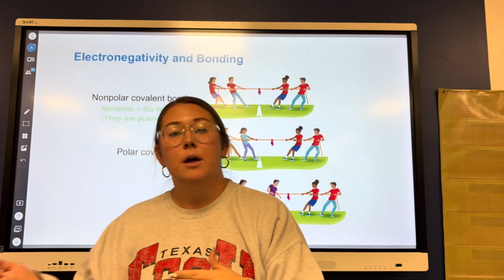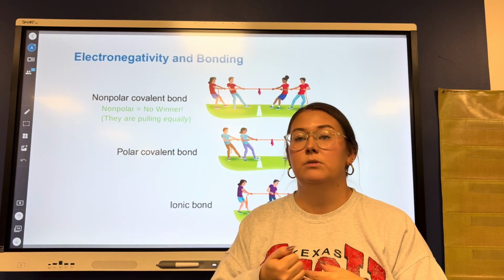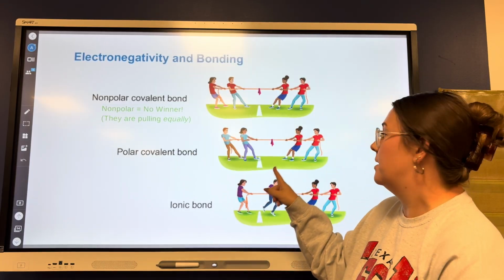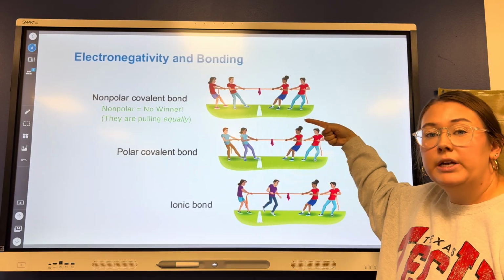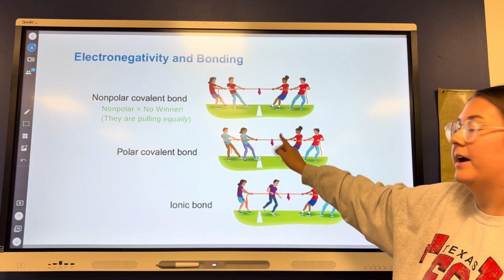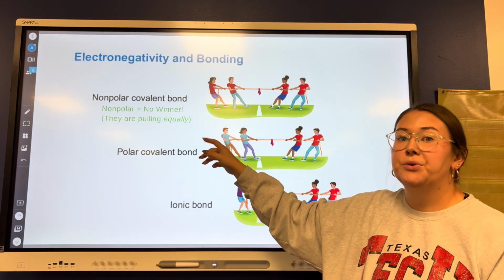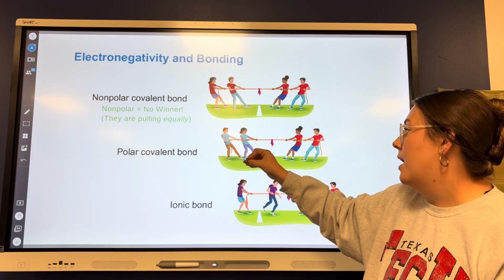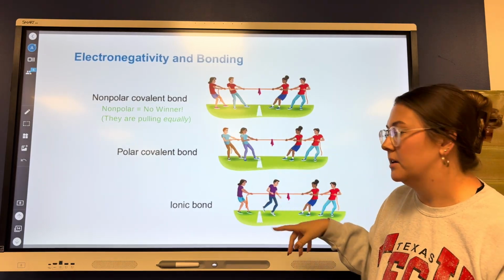I like to say nonpolar, no winner, because they're pulling equally, it's a tie, nobody's going to win. With a polar covalent bond, you can see that this group in red is pulling, and the flag is moved over the line. These guys in blue aren't pulling as strongly. They're a little bit weaker, but it's not so weak that they've pulled the people over the line.